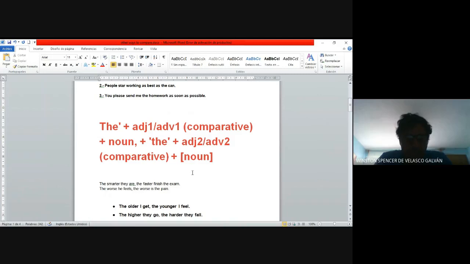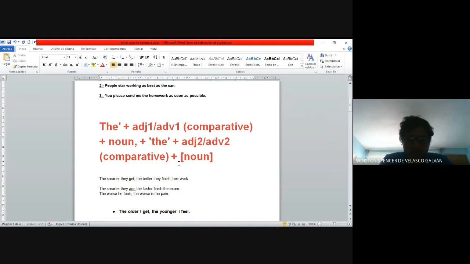So, look at this. I'm going to make a first sentence following the structure. First of all, we need to use the word the. Okay, let's write it. The, then a comparative. The smarter they get, comma, the better they finish their work.